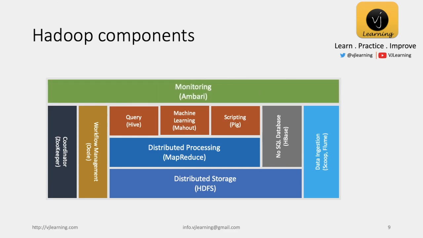And finally, we have Ambari, which sits on top of the complete Hadoop ecosystem and is a web-based monitoring tool. Whatever we need to monitor, such as jobs, workflows, how the data nodes are doing, or memory allocation, we can monitor through the web-based UI. That's Ambari.